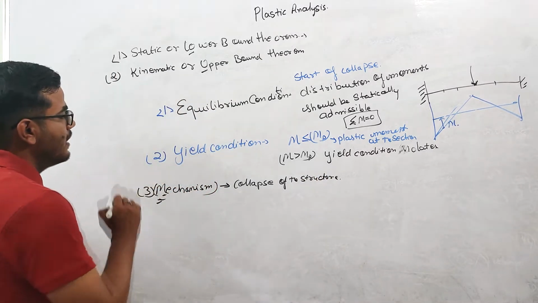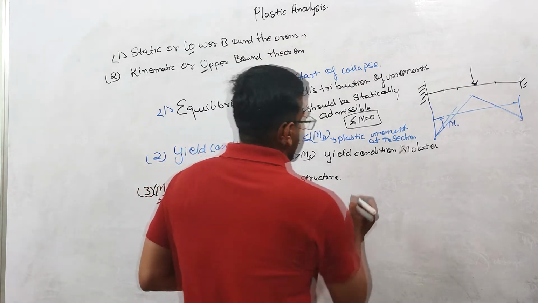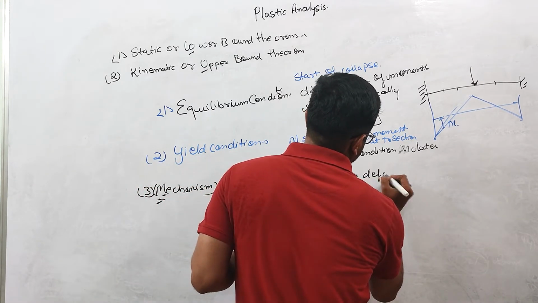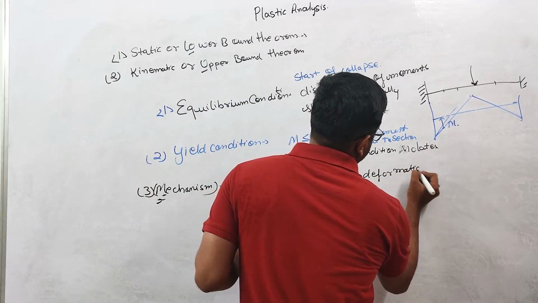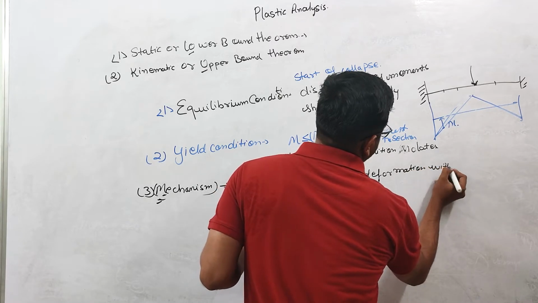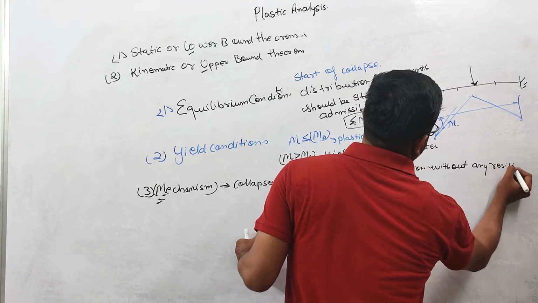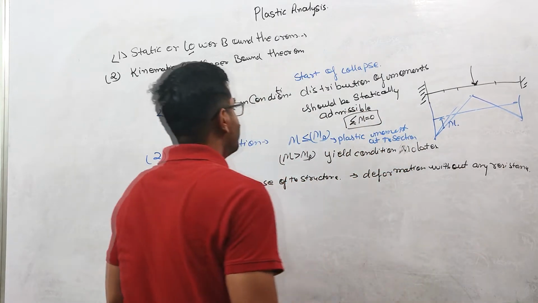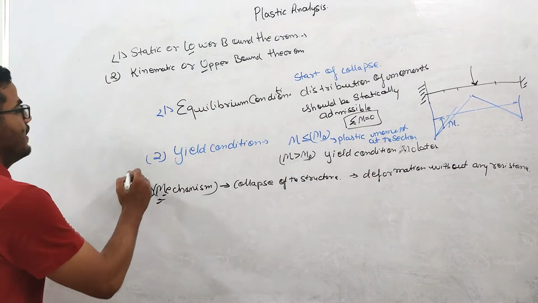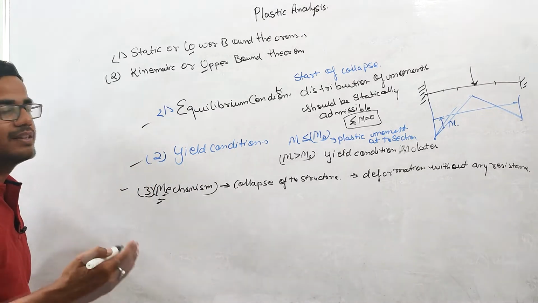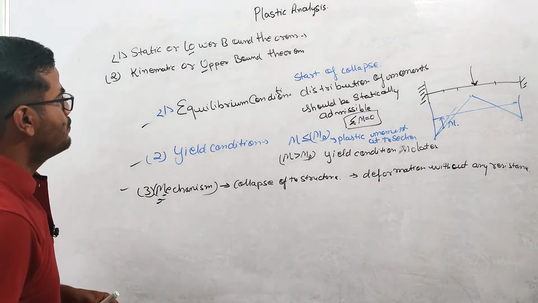So what is a mechanism? A mechanism is basically deformation without any resistance. These are the three conditions which we need to satisfy while calculating the collapse load.